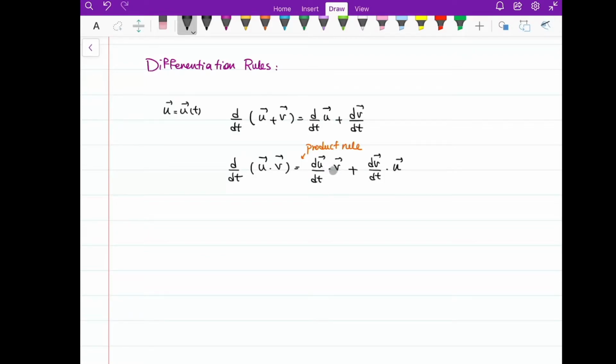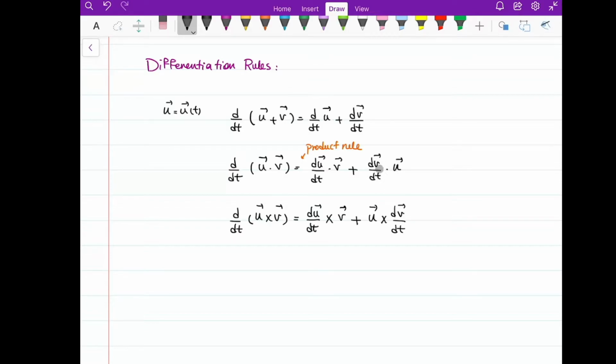And as you see, this is a vector times another vector, and I get a dot product here, so the answer would be just a number. But if I have the cross product of two vector functions, then the derivative would be, again, the product rule: the derivative of the first one cross product with the second one, plus the first one cross product with the derivative of the second one.